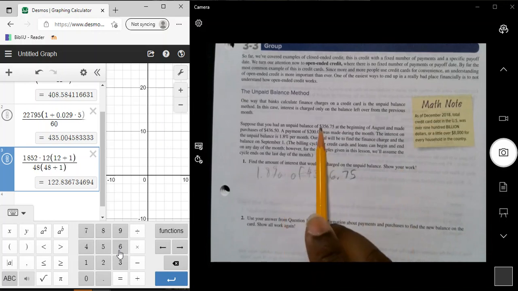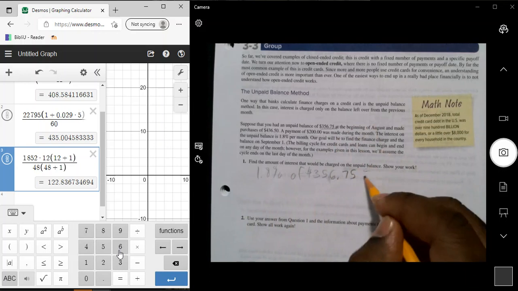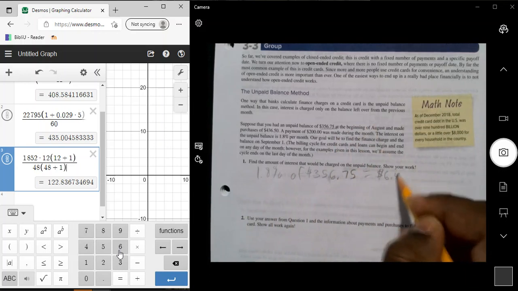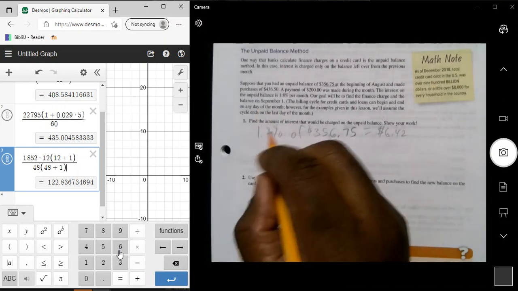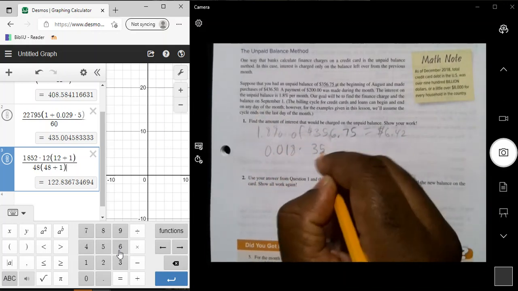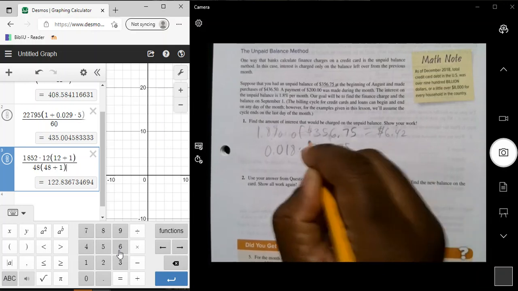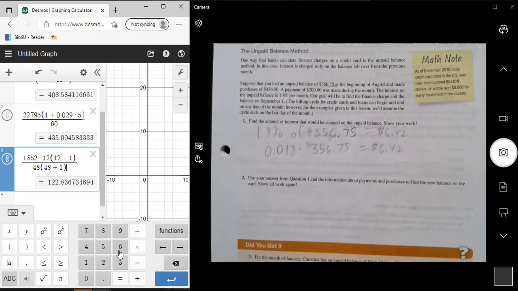It tells us here that we have a balance of $356.75 at the beginning of August. So it'll be 1.8% of this, which would be $6.42. Just to let you know, written out, it'll be 0.018 times 356.75. And that's what gives us our $6.42.